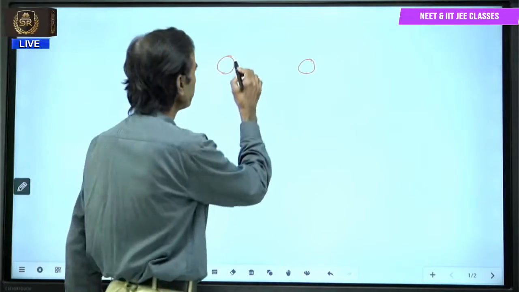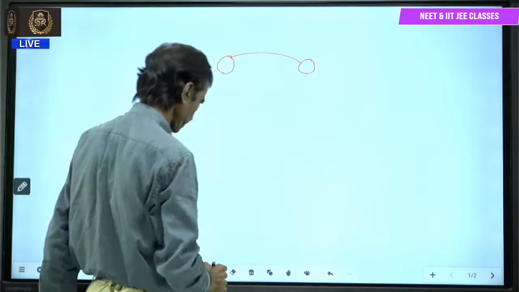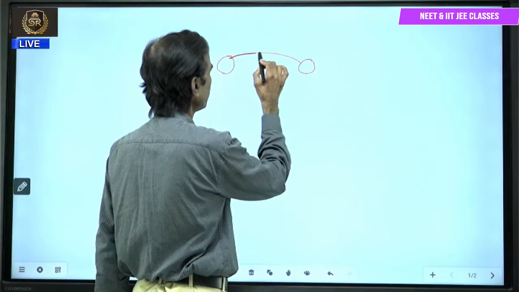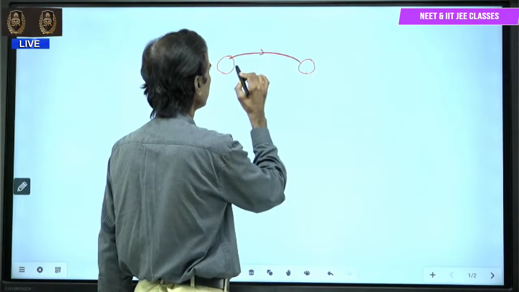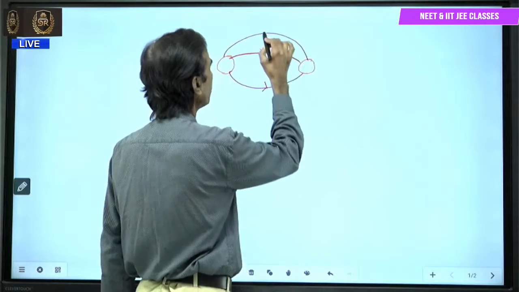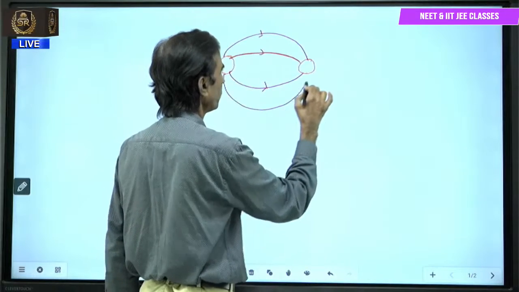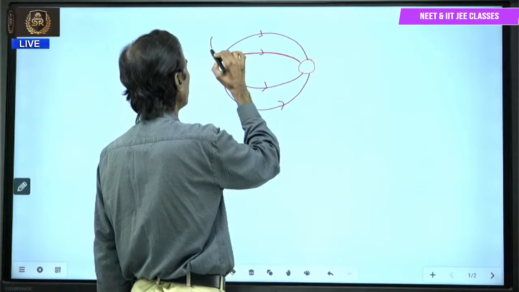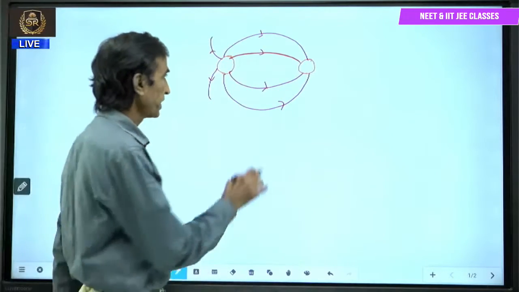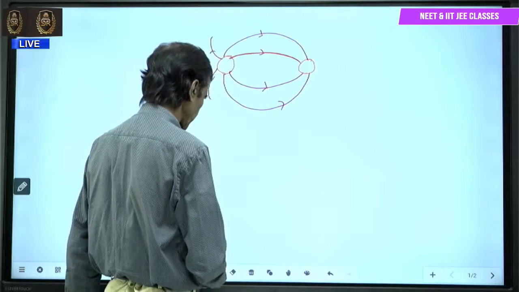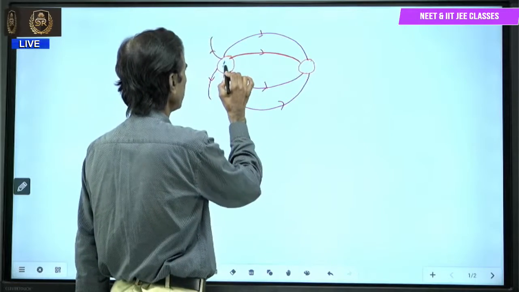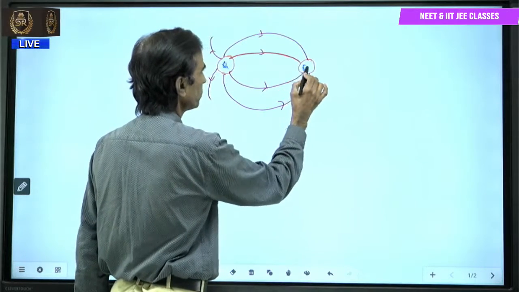Carefully observe the field lines here. They will say the first charge is Q1, and this is Q2.